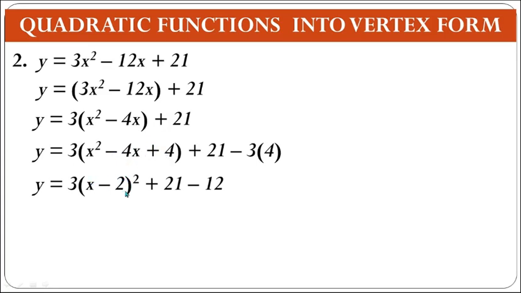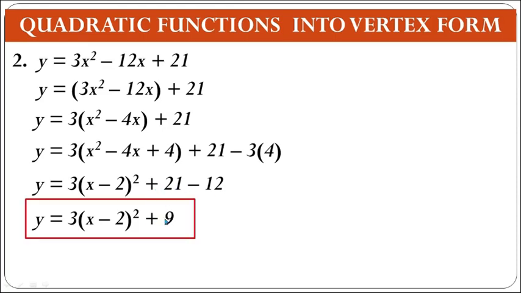Then simplify our constant. So, positive 21 minus 12 is positive 9. So this is the vertex form of our given quadratic function.